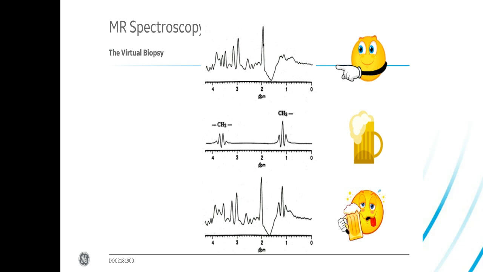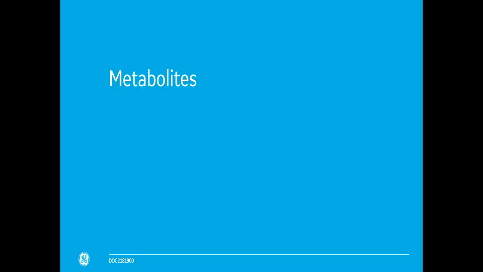But in principle, we are not interested in identifying alcohol. I think that would be much too expensive if we took spectroscopy as a test of how much people drank. We want to look at the normal brain and also at diseases, how the spectra look for specific diseases.